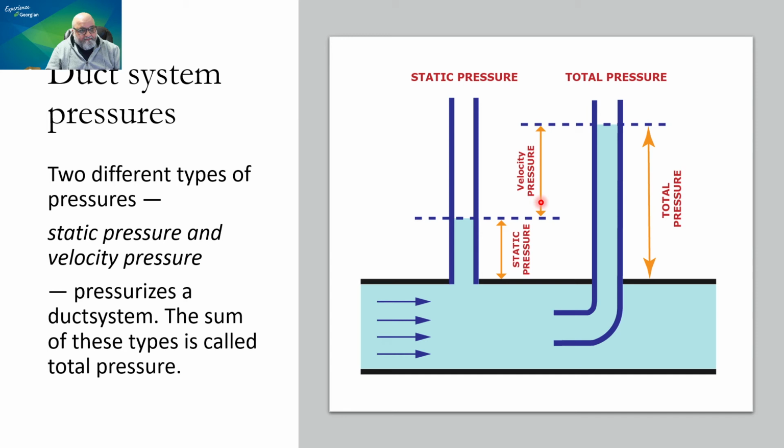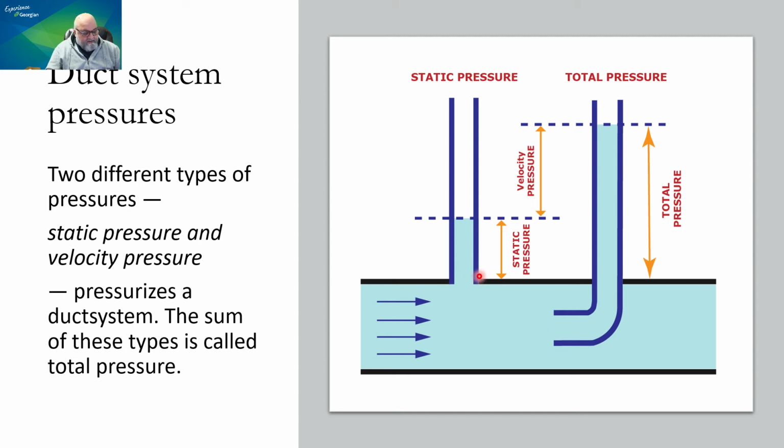All right? Let me repeat the three concepts. Number one, there are two ways to measure pressure. One is perpendicular at 90 degrees to the flow direction, and the other is parallel to the flow direction. That's number one.